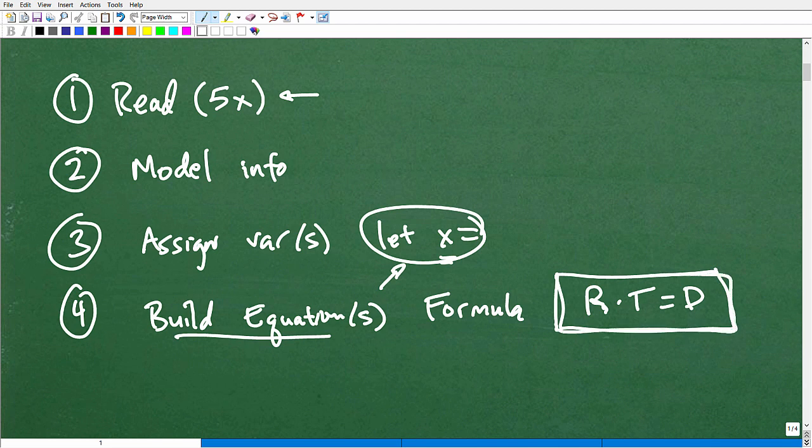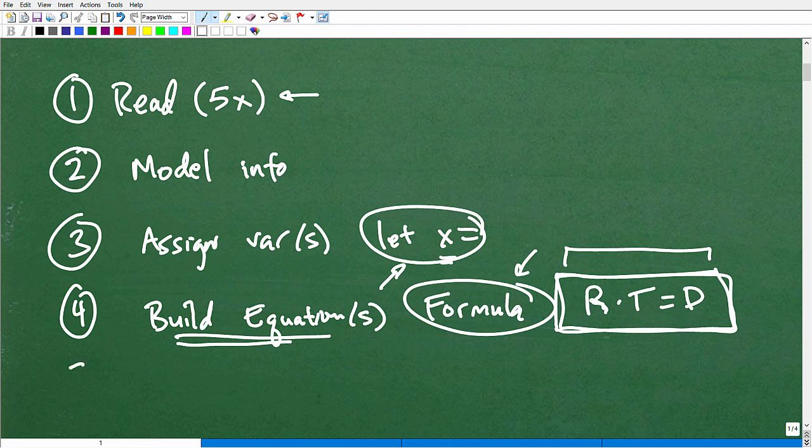And there are other basic formulas too. Again, this is just a general overview of the steps you want to take in an algebra word problem. So you're going to build equations, and when you do that, you might be using a formula because a formula has some sort of relationship between variables.